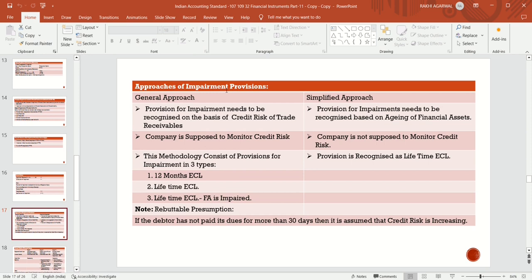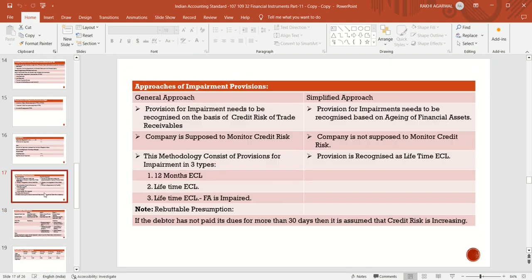Provision is required as lifetime ECL. What is ECL? ECL is expected credit loss. Provision is recognized as lifetime expected credit loss. How much expected credit loss is there for which the provision is required?